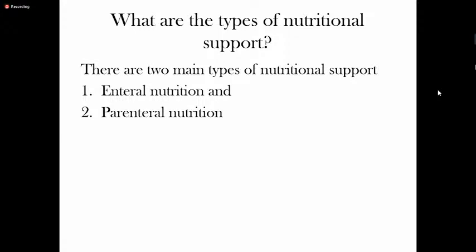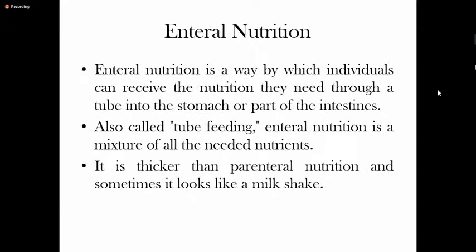What are the types of nutritional support? I've just told you that there are two main types. One is enteral and the other one is parenteral. Enteral nutrition is a way in which individuals can receive the nutrition they need through a tube into the stomach or other parts of the GI tract, other parts of the intestine. It's also sometimes called tube feeding.